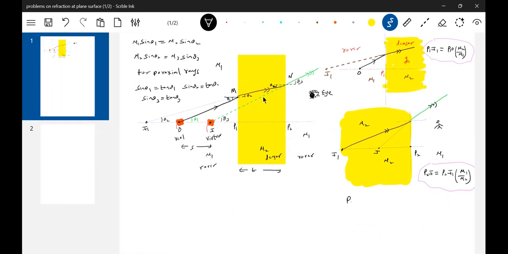P2I equals P2I1, I'll write it as P2P1 plus P1I1, times mu1 by mu2. P2P1 is T. P1I1 I already have here, I'll substitute that, so that will become P1O.